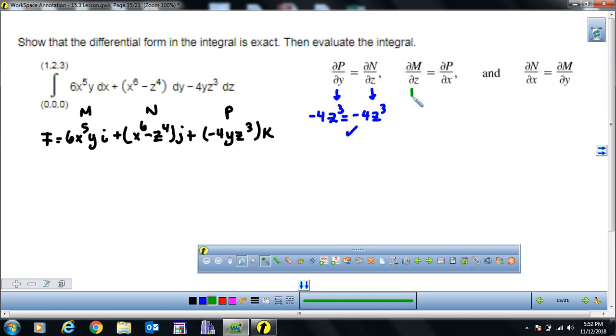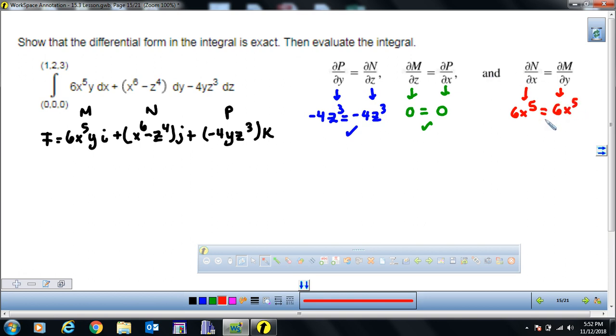Now, get the derivative of the first component with respect to z. Since there is no z, it is 0. The derivative of the last component with respect to x, since there is no x, is also 0. So that is true. And last but not least, the derivative of the j component with respect to x is 6x to the 5th power, and the derivative of the i component with respect to y is 6x to the 5th power as well.